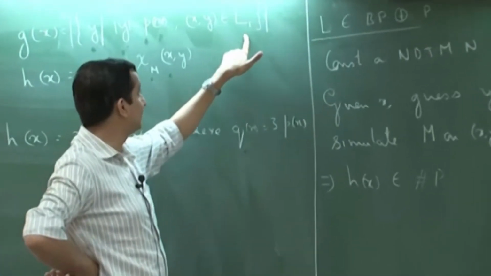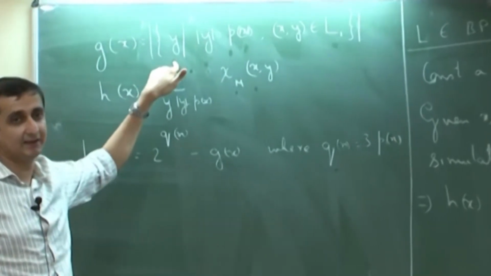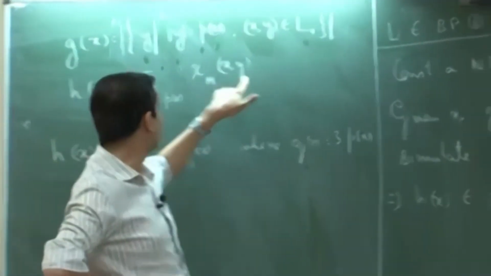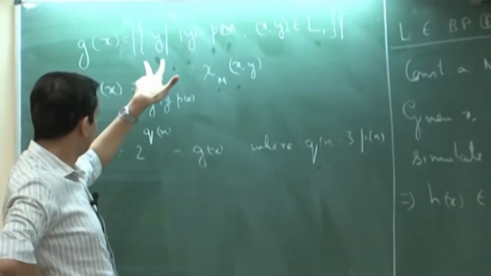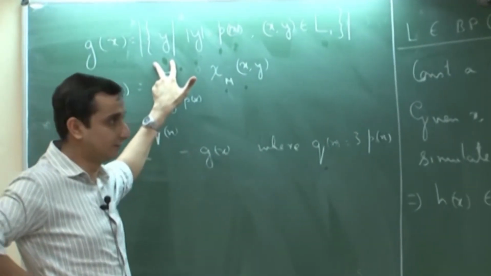And since L1 is a BP language, the number of certificates is either greater than 2/3 the number of total possible certificates or less than 1/3 the number of total possible certificates.